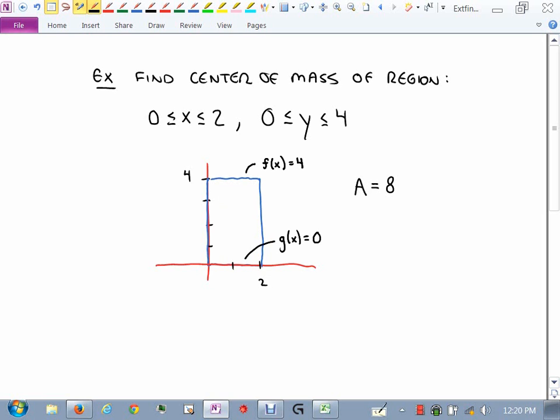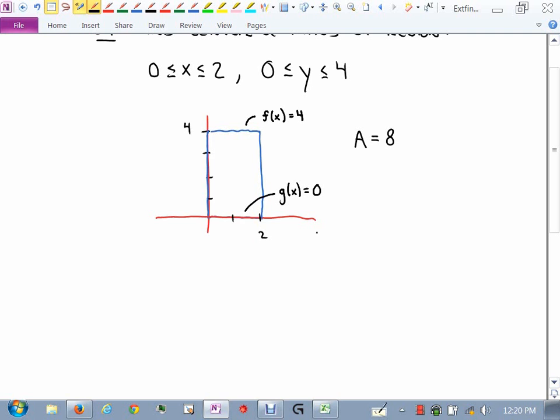I'm only doing that because now I'm going to go find x bar, y bar. So I need to figure out what f and g were. All right, so here we go. X bar would be 1 over 8, integral 0 to 2, because that's our restriction on x.